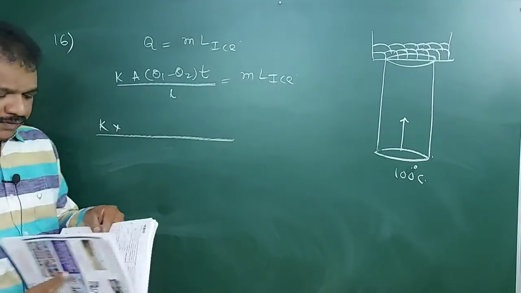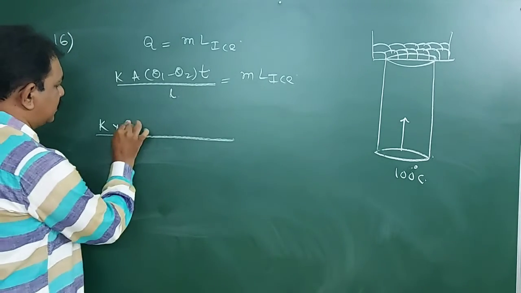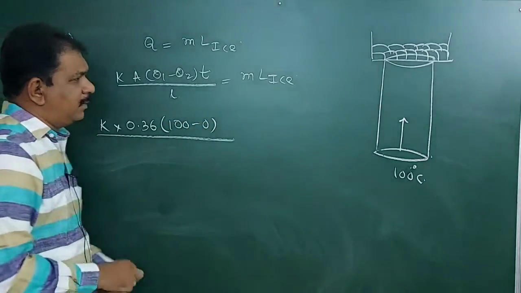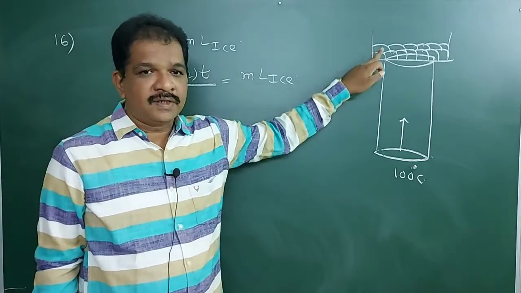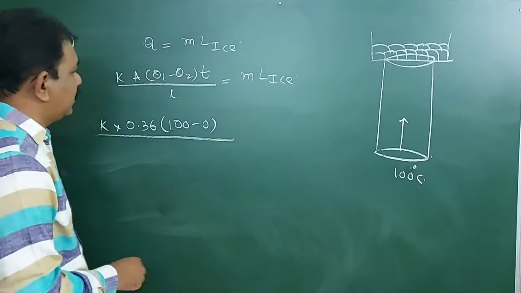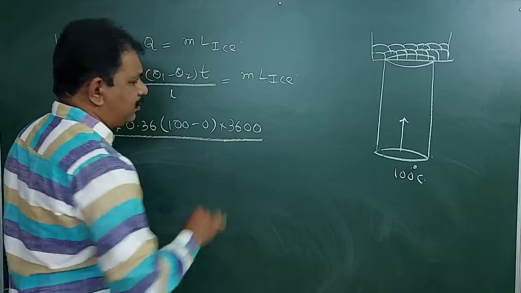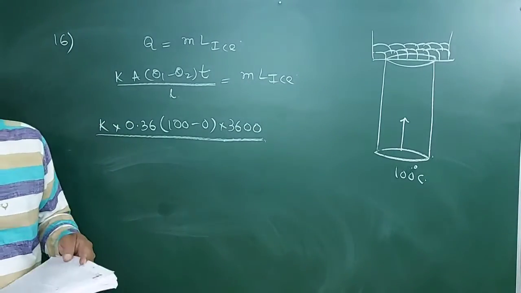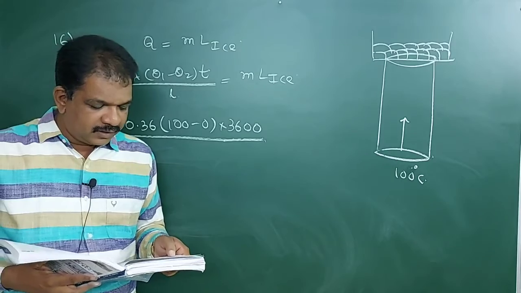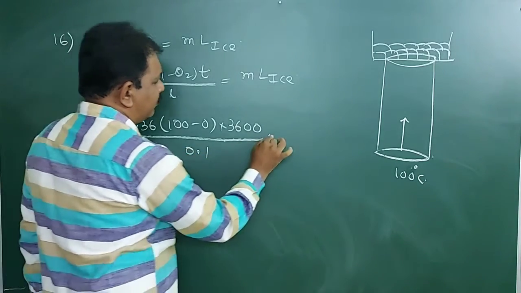The area value they gave is 0.36 meter square. For the temperature difference, the melting ice is at 0 degrees centigrade and the steam will be at 100 degrees centigrade. The time of 1 hour means 3600 seconds, and length means the thickness they mentioned, 0.1.